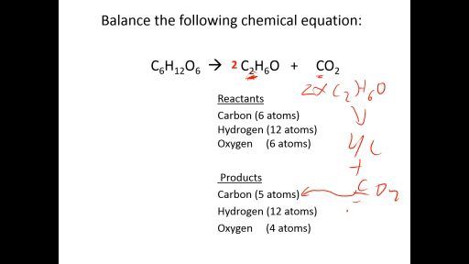With 2 molecules of ethanol, you have 2 oxygens from the ethanol and 2 oxygens from the CO2, which gives you 4 oxygens. So this equation is still unbalanced.